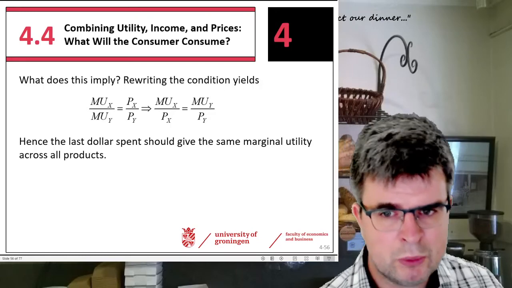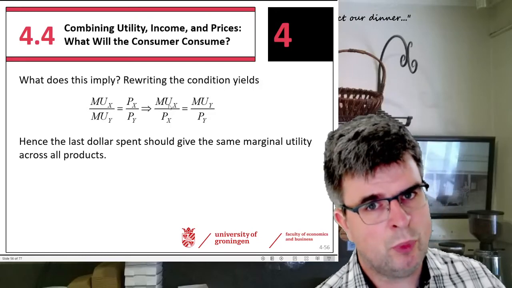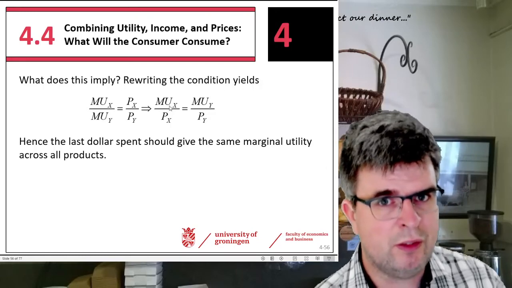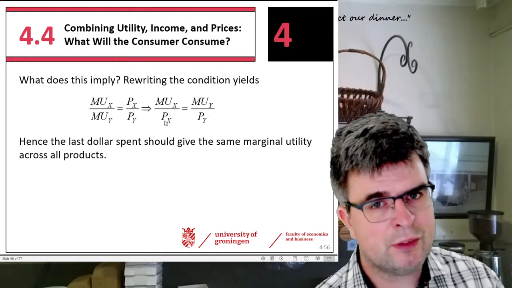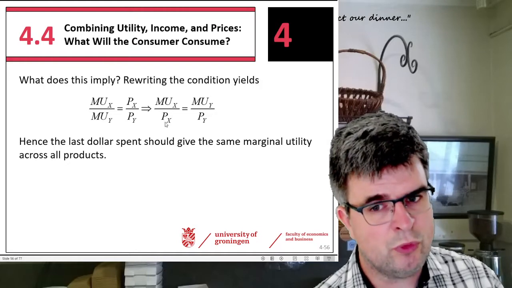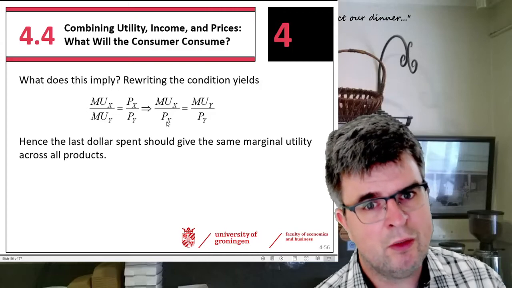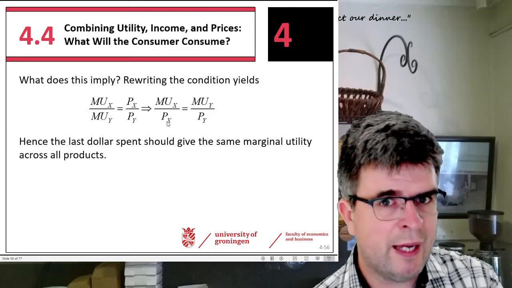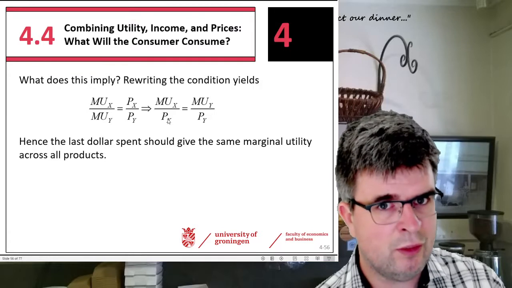So suppose that one unit of good x gives you a marginal utility of 6. The price of a unit is equal to 2, which means that the final dollar that you spend on good x gives you an additional utility of 3.